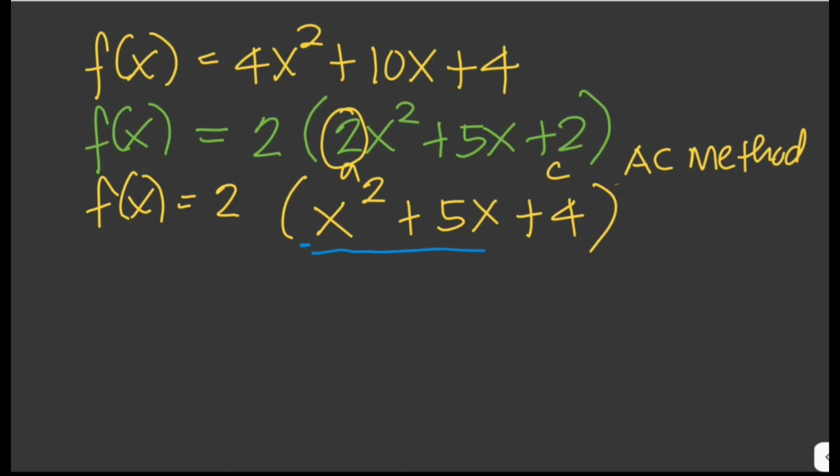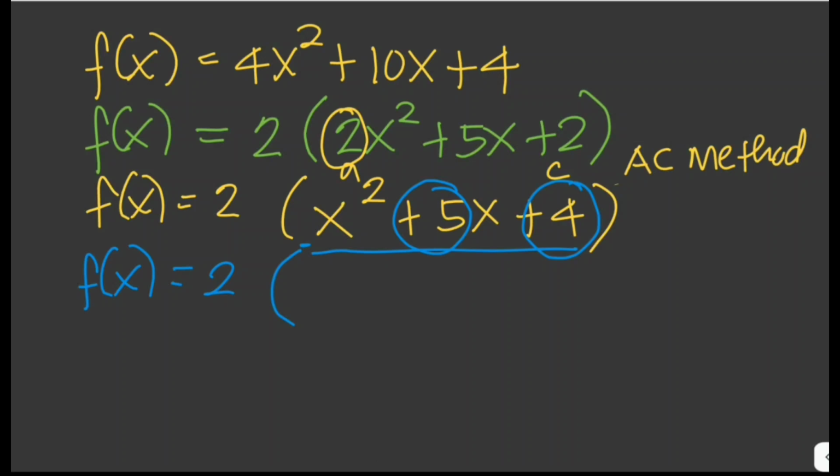We can factor this further, this expression x squared plus 5x plus 4. Copy 2 here. So we look for factors of 4 that when we multiply them, equal positive 4, and when we add them up, equal positive 5.